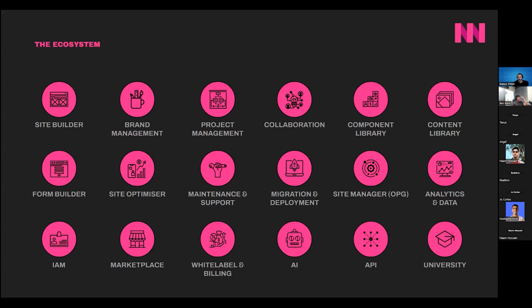We've got some features around migration and deployment, things like managing staging version of the site versus a live version, and being able to push changes between those two, schedule rollout of changes between staging and live, and things like approval workflows where you can get the client to approve something and then that change can get pushed to live, for example.